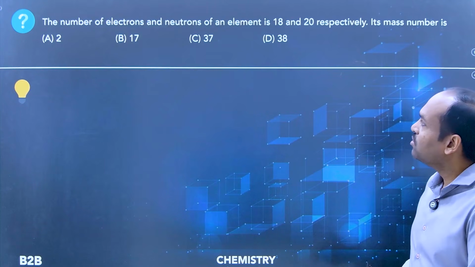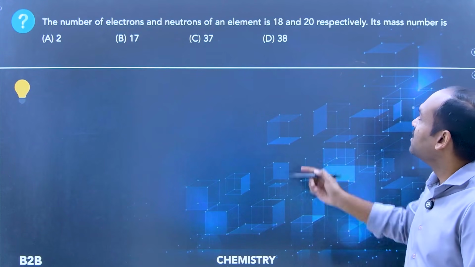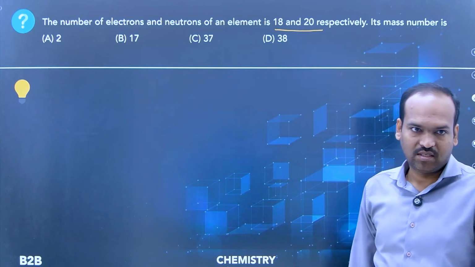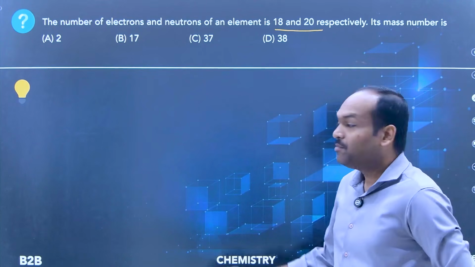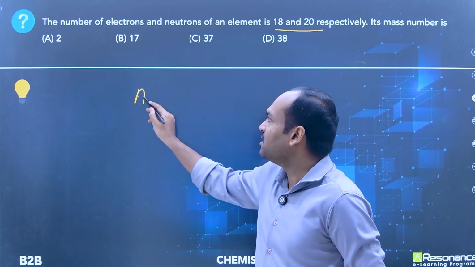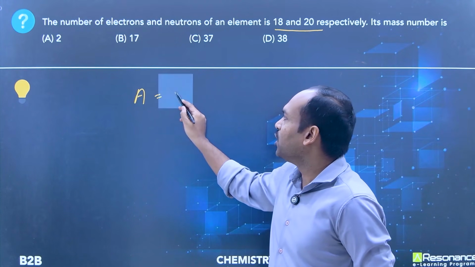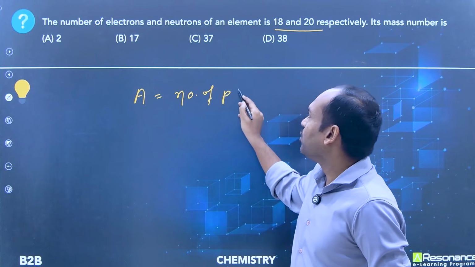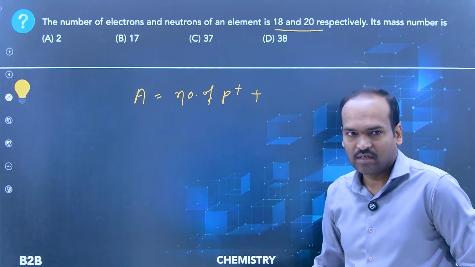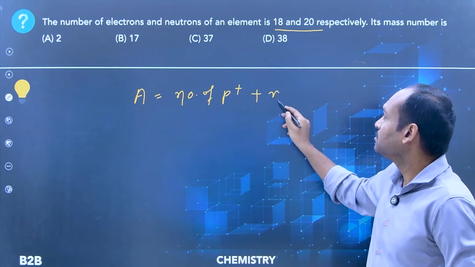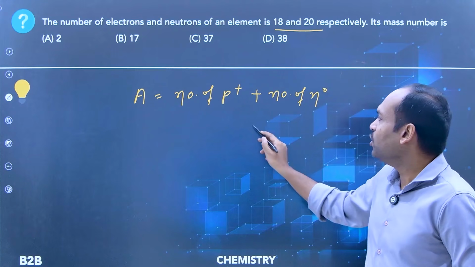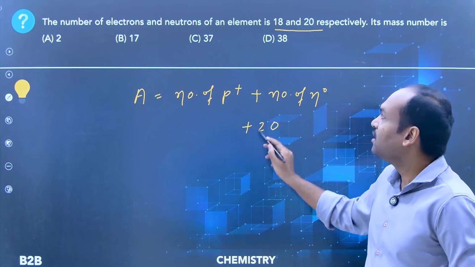The number of electrons and neutrons of an element is 18 and 20 respectively. Its mass number is? The mass number A is equal to the number of protons plus the number of neutrons. Now, neutron is given as 20.